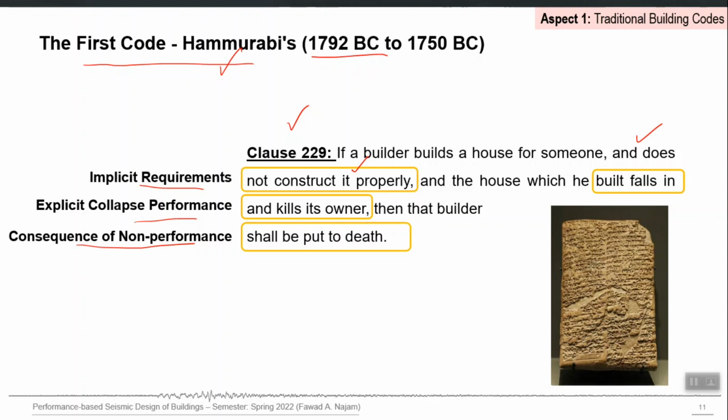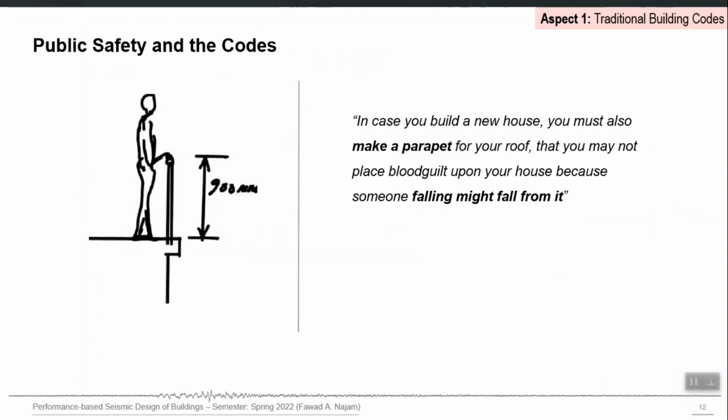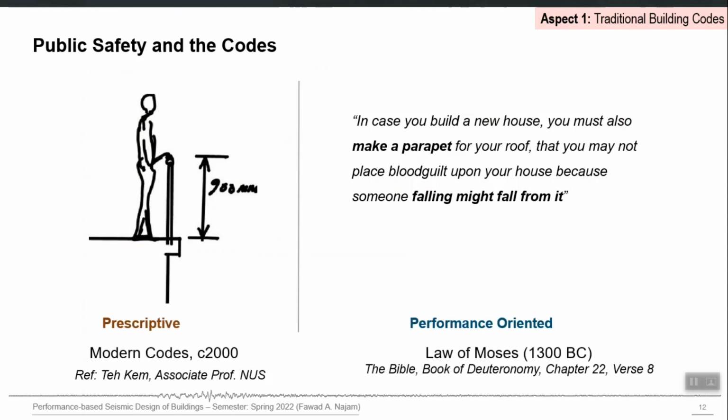Unlike a building code which doesn't have an explicit verification of its design, right? Another example of this same difference is from the Bible, this time also 1300 BC, very old, from the book of Deuteronomy in the Old Testament.